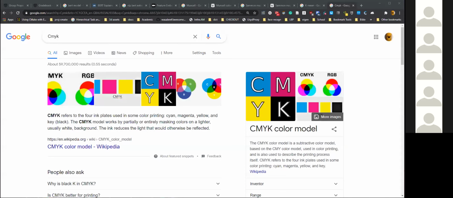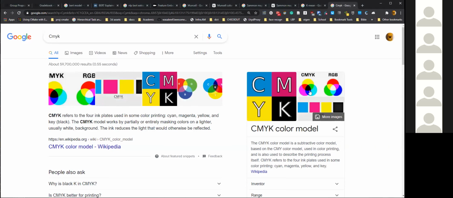There are different systems for different purposes. Maybe it's easier if I show. For example, RGB is the most common one because red, green, and blue mixed together will create white.